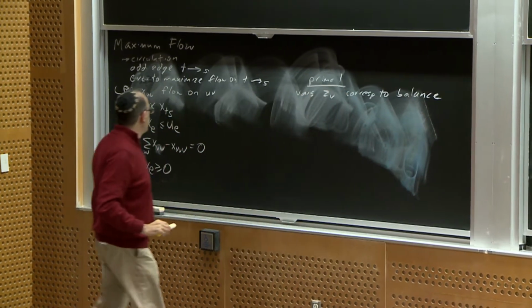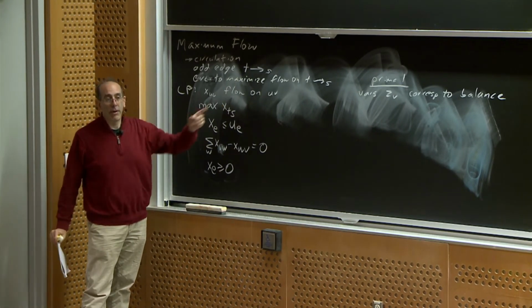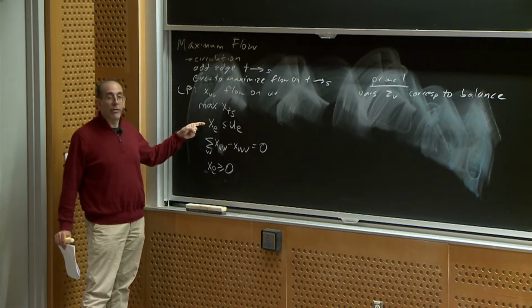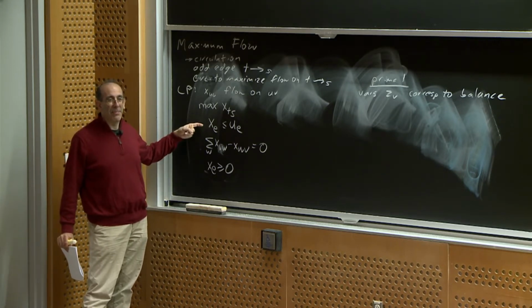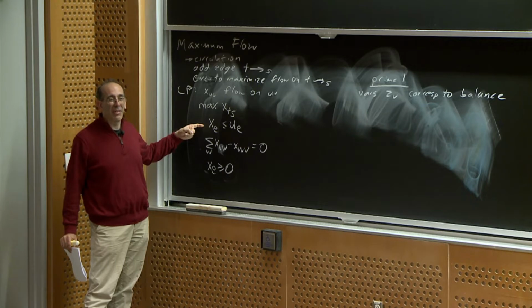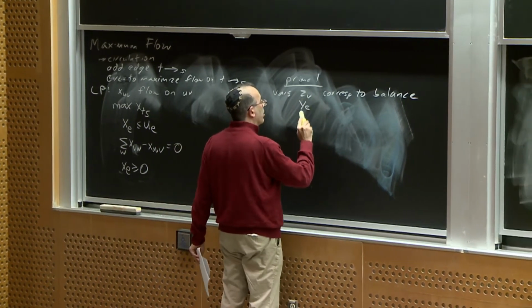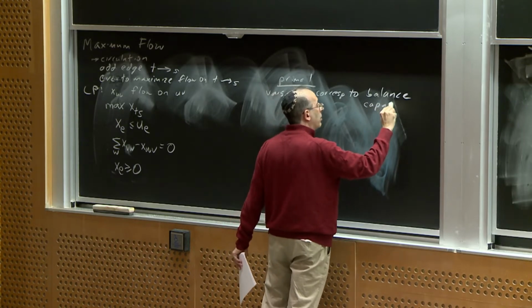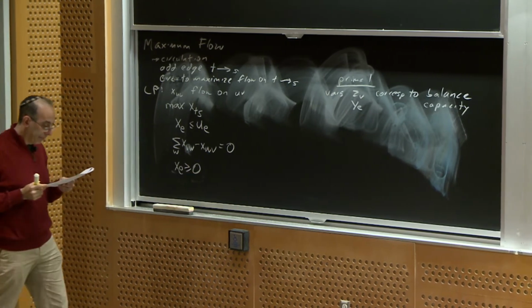There is one balance constraint for each vertex V, so there's one variable in the primal for each V. We also need variables corresponding to the edge constraints, and again, there's one constraint for each edge. So in the primal, there's going to be a variable for the capacity that corresponds to each capacity constraint in the dual.